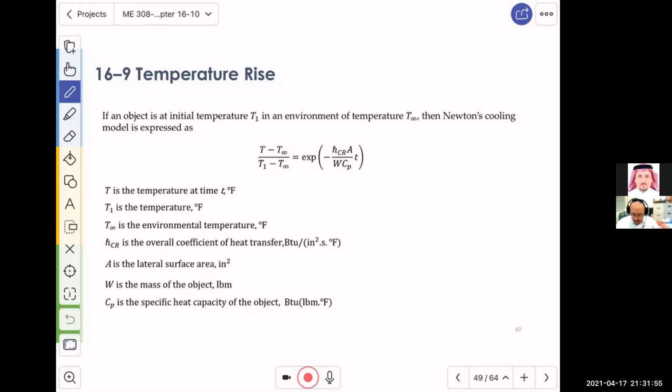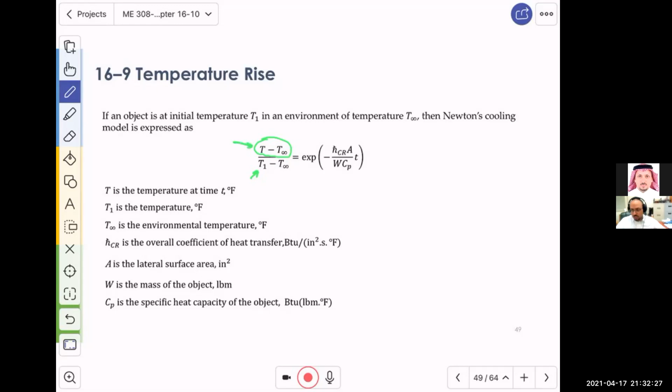Then Newton's cooling model is expressed as the difference between a given temperature T and the temperature of the environment, T infinity, divided by the temperature of the part T1 minus T infinity, at a time t.